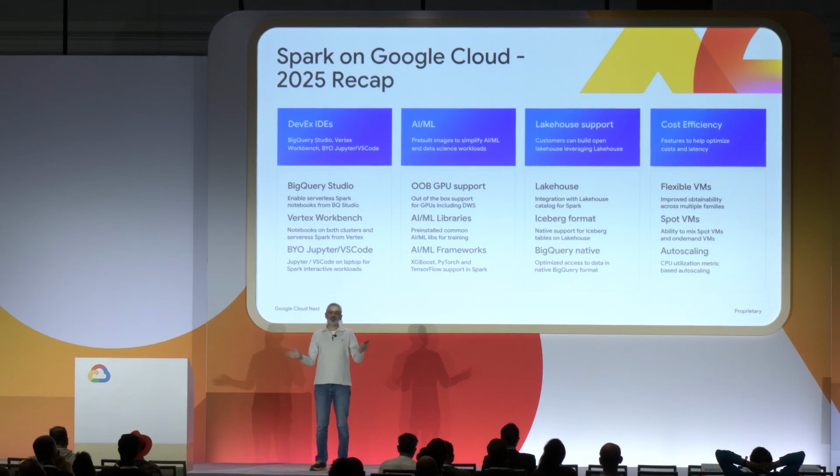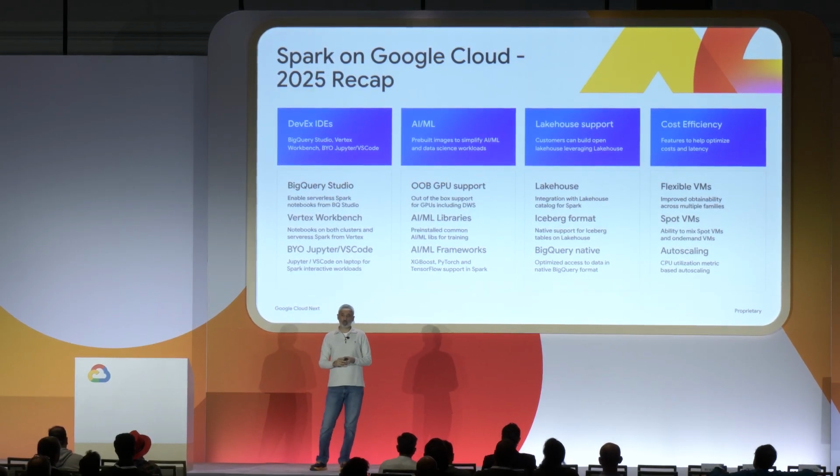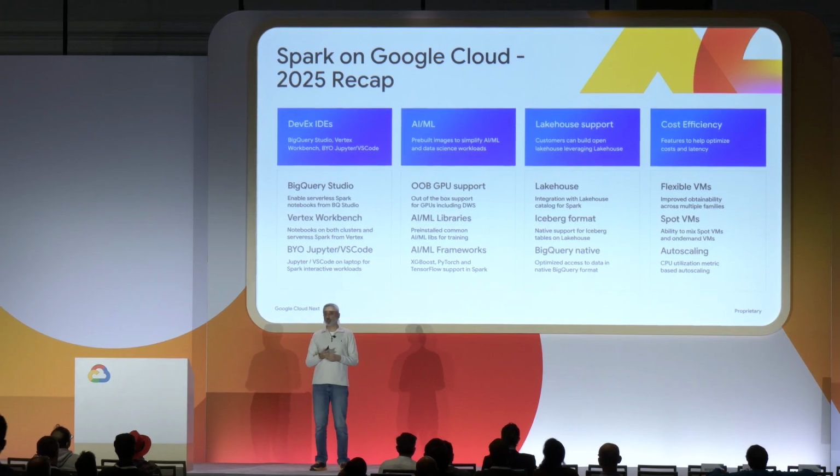If you are building the next generation lakehouses, we have fully integrated into the lakehouse ecosystem. We are integrated with our lakehouse capabilities that we just recently announced. We are fully supportive of Iceberg, Delta, Hudi formats, Unity catalogs. And also at the same time, Spark can work on data which is stored in BigQuery native format also.